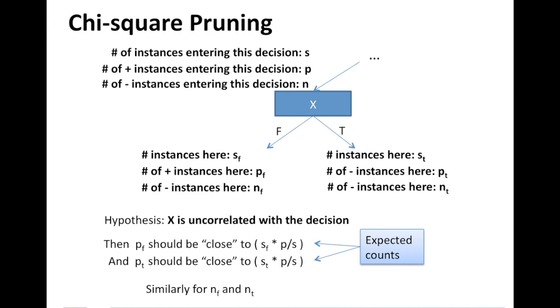Similarly, for x equal to T, you have ST, the total number of instances, PT, the positive instances, and NT, the negative instances.